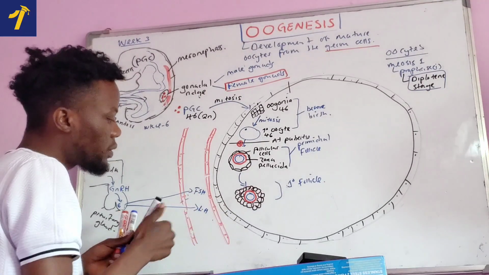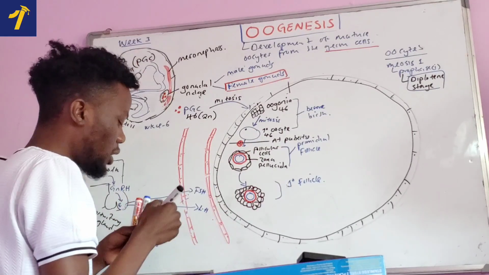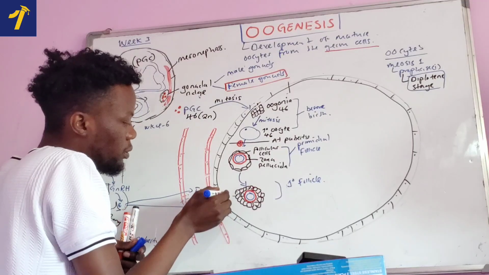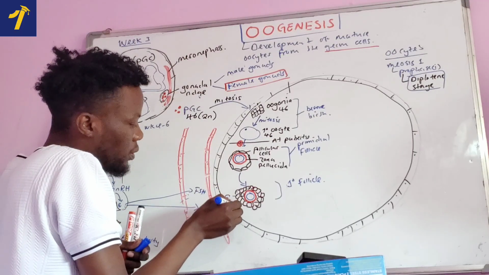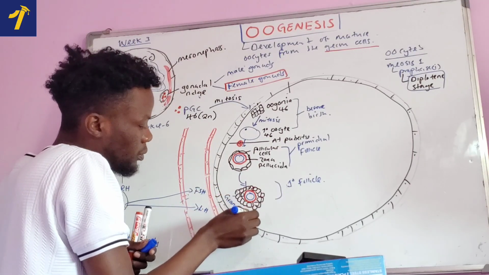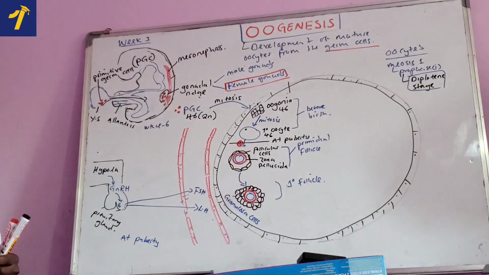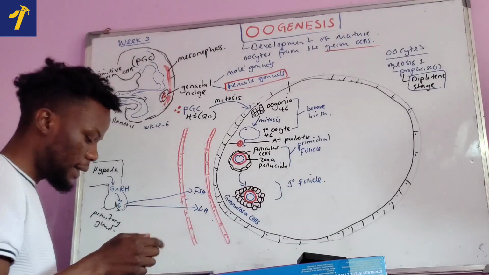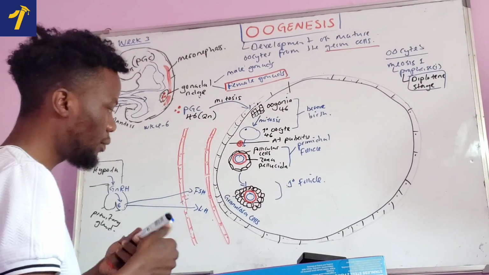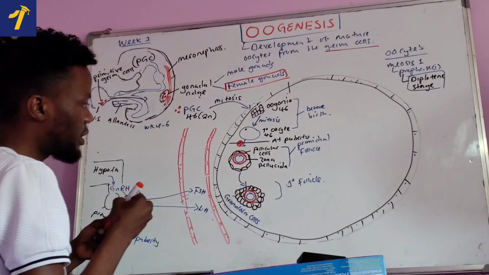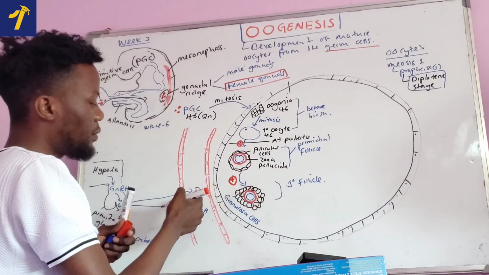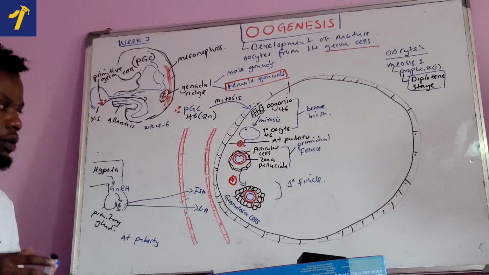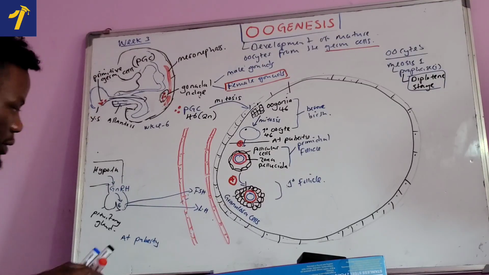Let me use blue. So these cells are granulosa cells. As you can see the changes. Again, all these stages are stimulated by follicle stimulating hormone as well as luteinizing hormone. Okay, let us proceed.